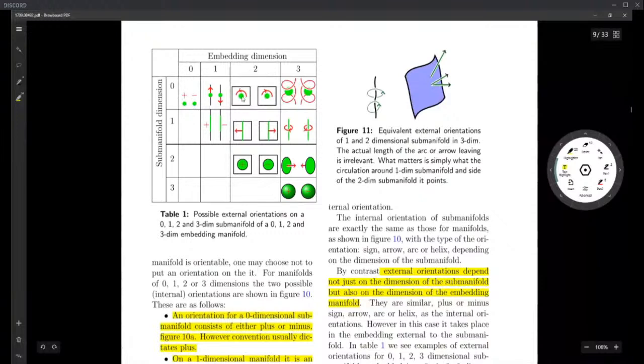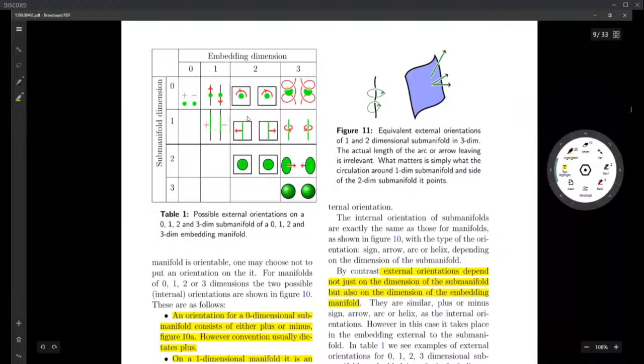It's within the surface, and therefore it will have the arc-like structure. And for a three-dimensional manifold, a point, or rather a zero-dimensional submanifold, sits within a three-dimensional cube or spheroid, or whatever you prefer as a three-dimensional manifold. That would have a helix-like structure with the dots following the orientation.